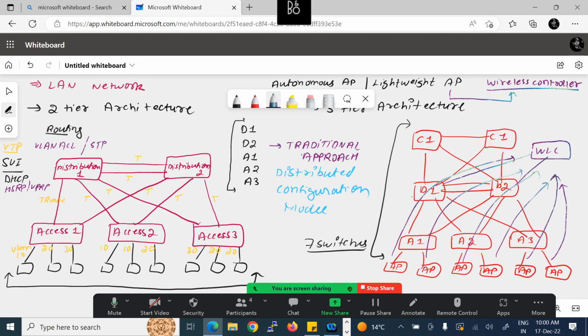To manage lightweight access points, we can have a WLC. All right. But still, switch 1, switch 2, distribution 1, distribution 2, all of them need to be configured separately. That's why this is known as the distributed configuration model.